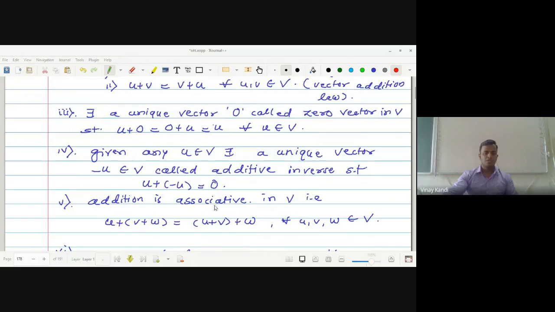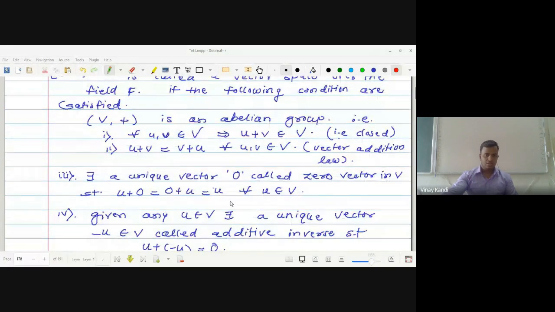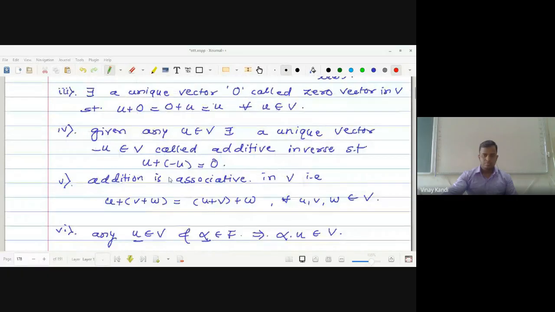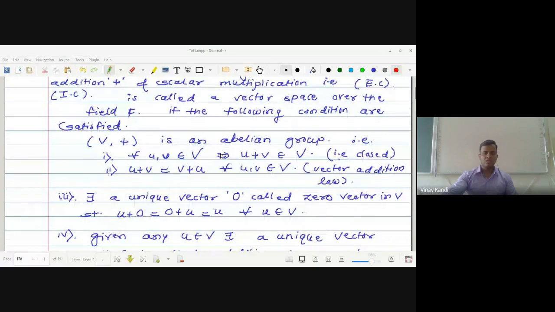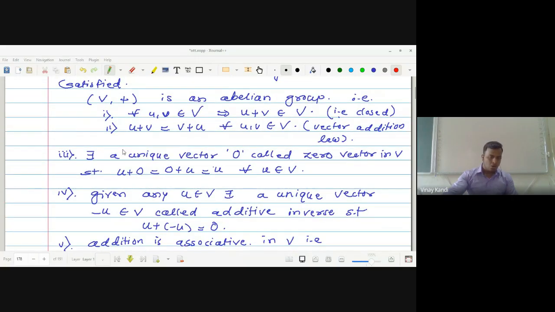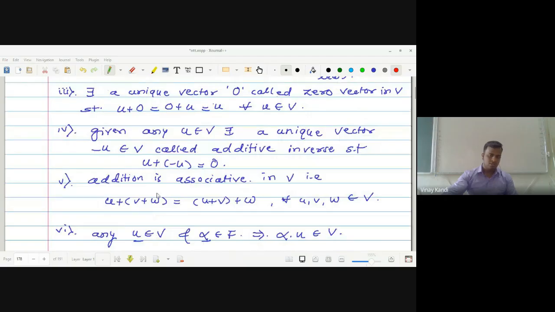And the sixth one, for any u belongs to V, there exists a unique vector 0 in V such that u plus 0 is equal to 0 plus u is equal to u for all u belongs to V. If all these conditions are satisfied, then we can say that V over F is a vector space.